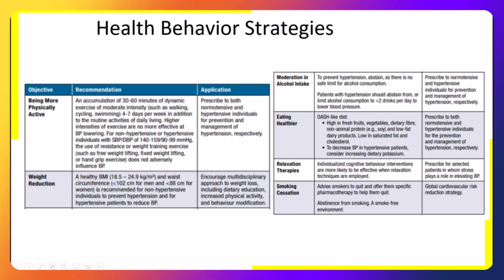This involves what you would expect in a healthy diet, lots of fruits and vegetables and low-fat dairy and lean protein, that sort of thing. And really, this should be prescribed for people without hypertension, but also with. And relaxation therapies and quitting smoking. A lot of obvious strategies, but these, while obvious, are very hard to implement in terms of patient compliance.